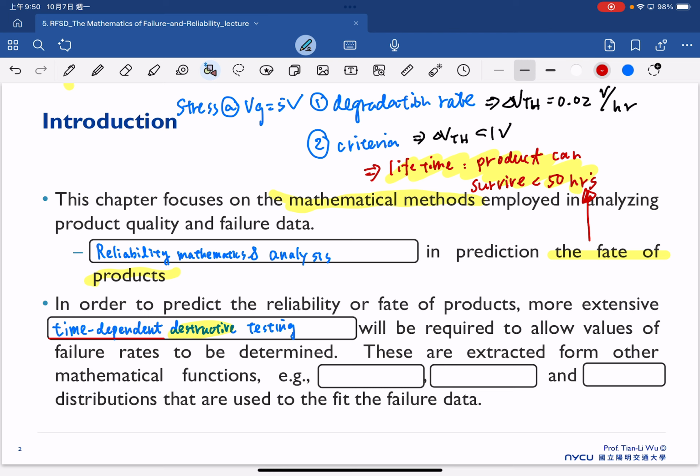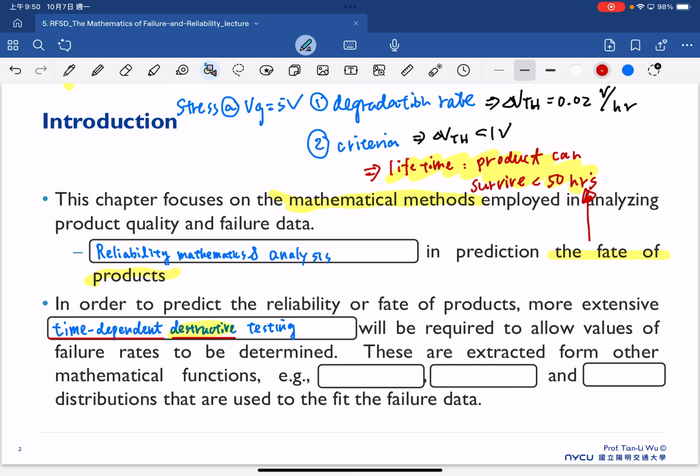So when we do this lifetime testing, first we need to spend some time to try to understand the certain parameter, the correlation between the parameter and the time. And also, we need to test until fail.